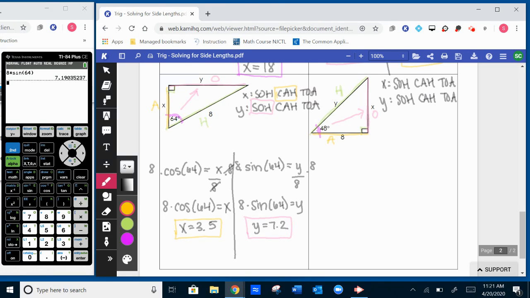Once we have our triangle marked, then we can begin solving. So first I'll start solving for x again, and then wherever else I have my value given. In this case, my value is given on the adjacent side. So I'm going to use OA for this one, which is going to be tangent.